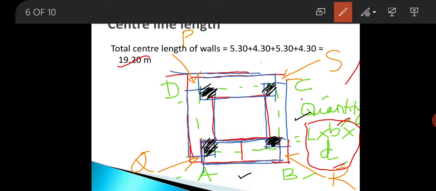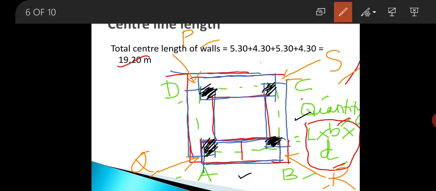So you can see here in our total quantity calculation, we have assumed that we have taken the entire wall, but these P, Q, R and S we have not taken at all in our quantity calculation.